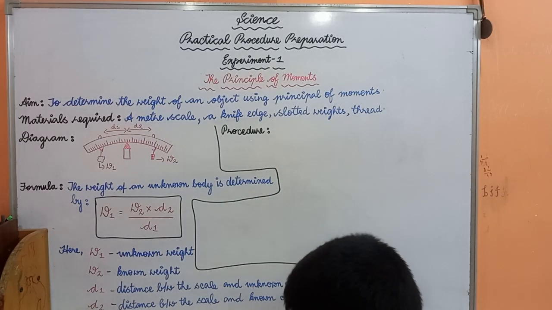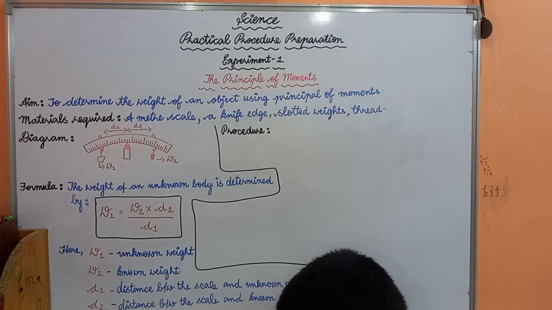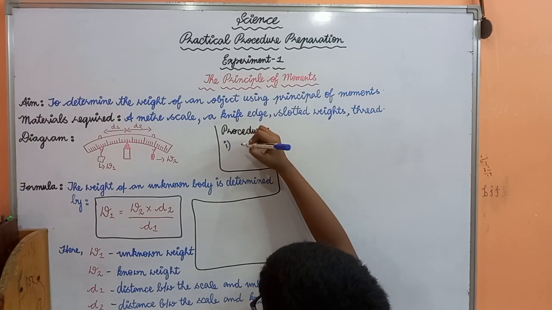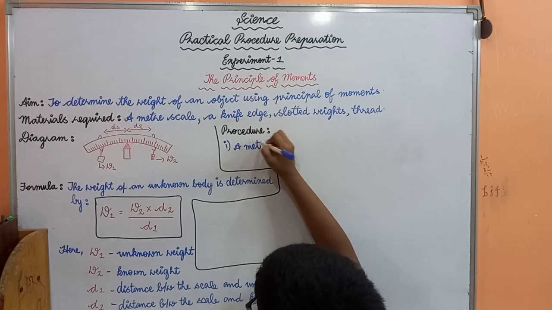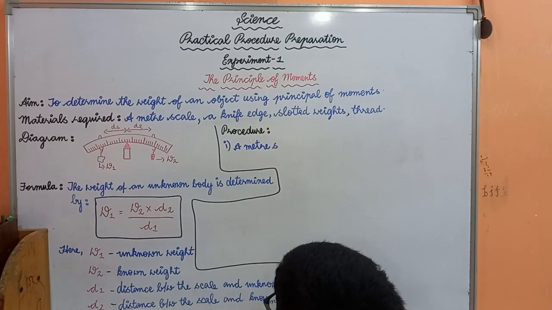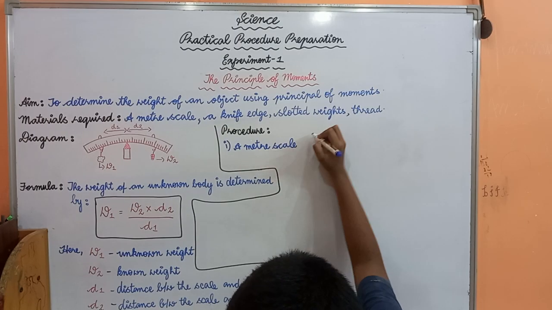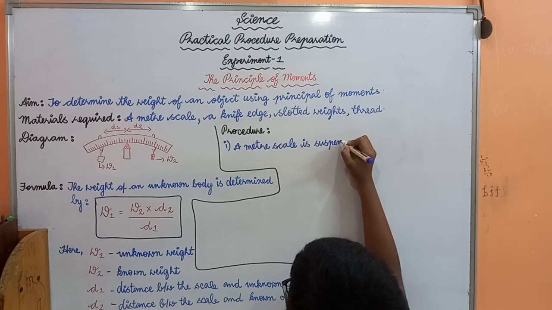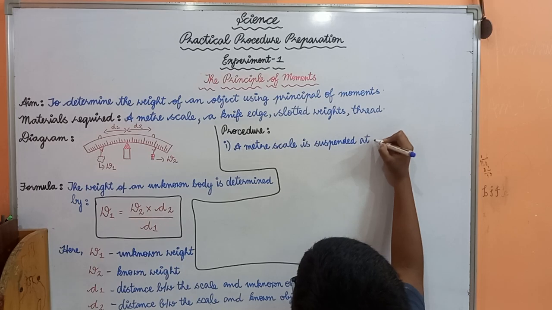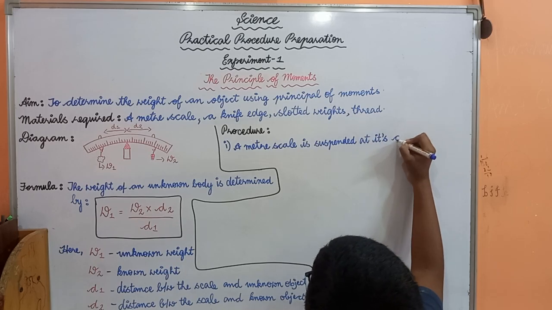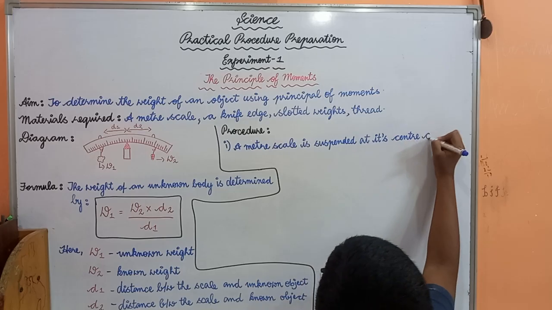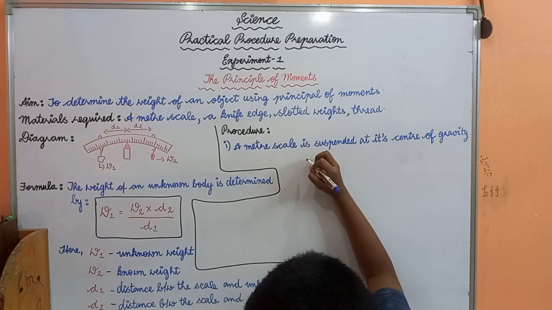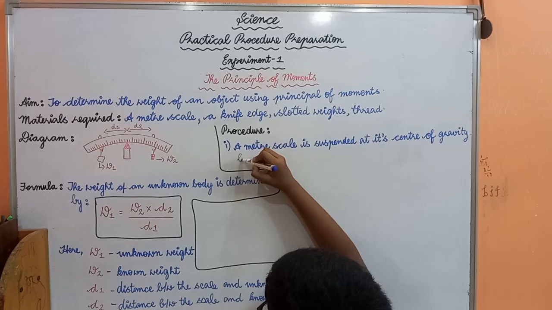So in the booklet it says, okay guys, I'll just shorten it for you. First: a meter scale is suspended at its center of gravity by a knife edge.